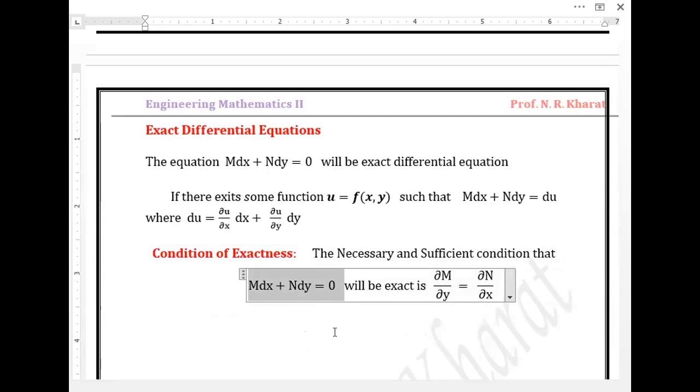When the derivative of M with respect to y and the derivative of N with respect to x are both equal, then the given differential equation is exact.